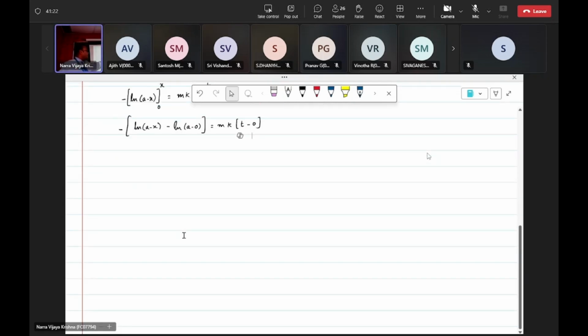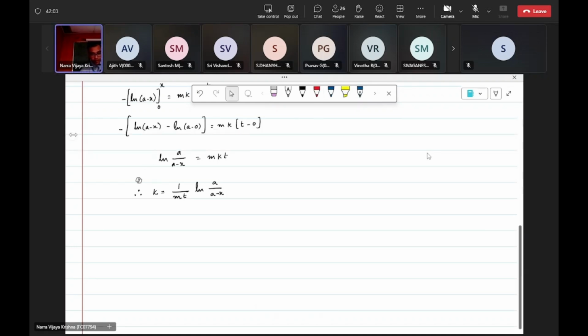Minus ln a minus x plus ln a. Then it becomes ln a upon a minus x. So ln a upon a minus x is equal to mkt. Now bring mt to this side, so k is equal to 1 upon mt ln a upon a minus x, that is, log a upon a minus x base e. Response, sir.